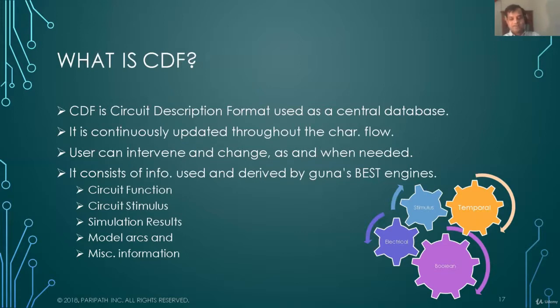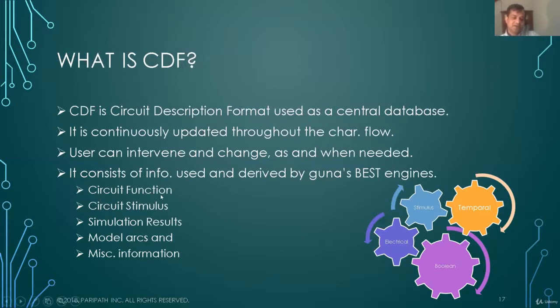And other than that, we have machine learning engine, which also helps actively in identifying what has been done and what's coming. And it also has search, whereby it can search for patterns inside the large circuit. BEST engines do following things.